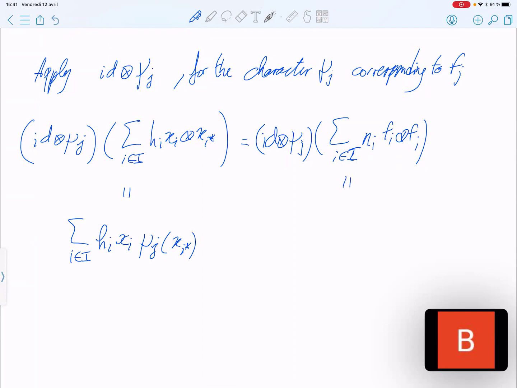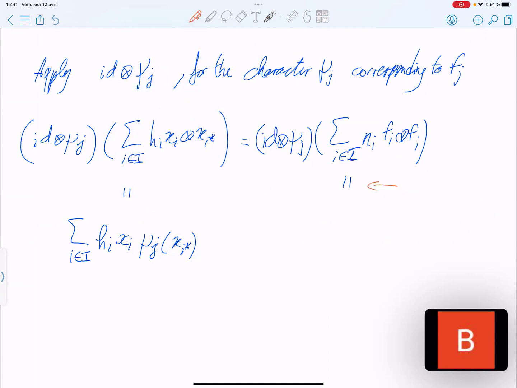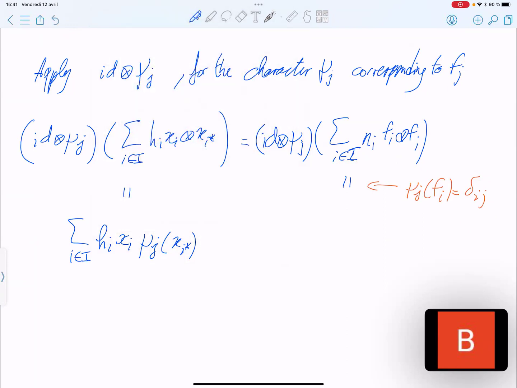And this is equal to, so here we use mu_j f_i equal delta_ij. We recall that several times. So it is equal to just n_j f_j.